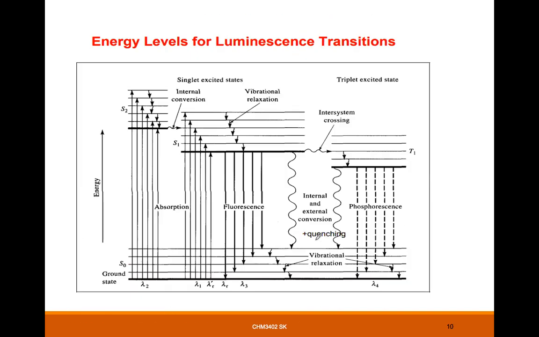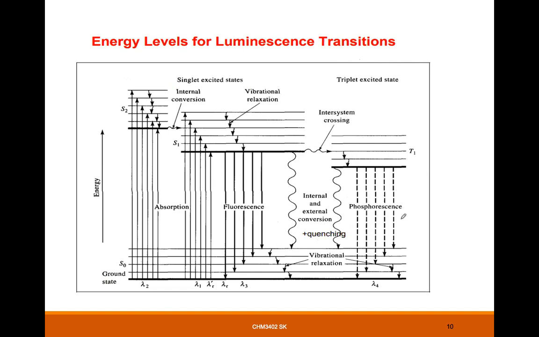What it means is that if the electron is triggered to have inter-system crossing, moving to the triplet excited state, the electron will stay here longer before moving to the ground state, producing phosphorescence.